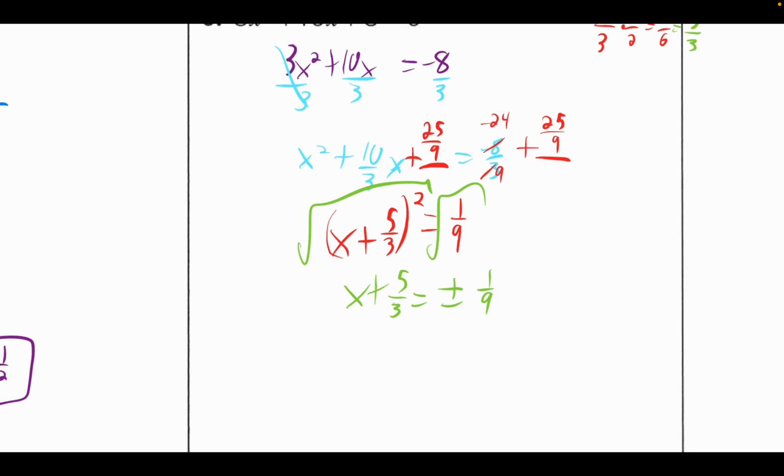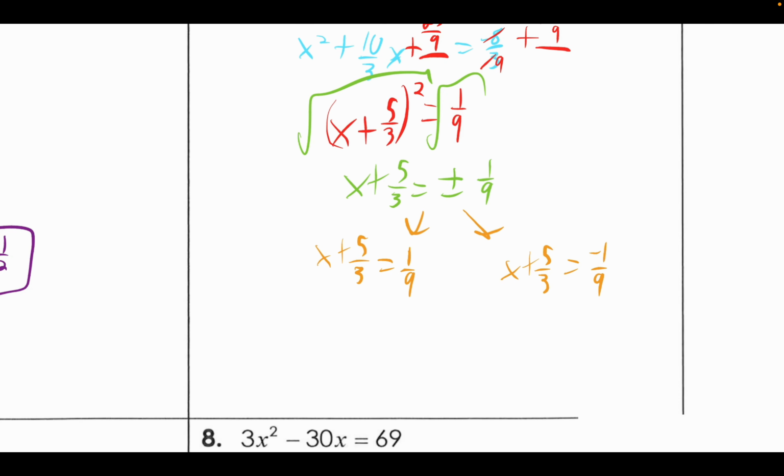Now we will split this because we can actually combine these, albeit a little bit messily. x plus 5/3 equals 1 over 9. x plus 5/3 equals negative 1 over 9. So on the left, as we subtract 5/3 and get common denominators, this will end up being x equals 1/9 minus 15 over 9.